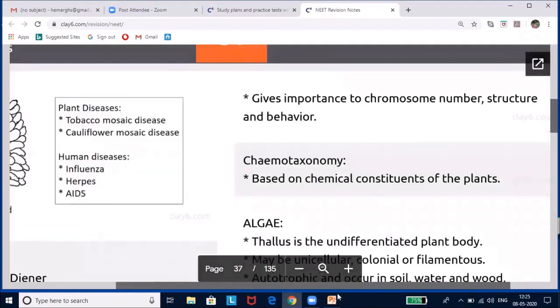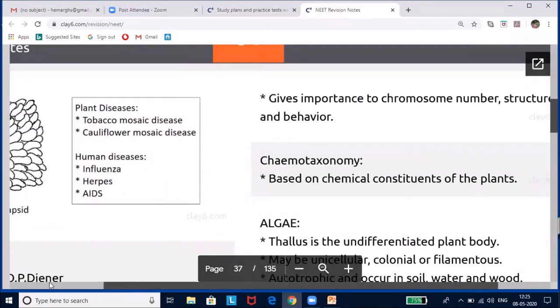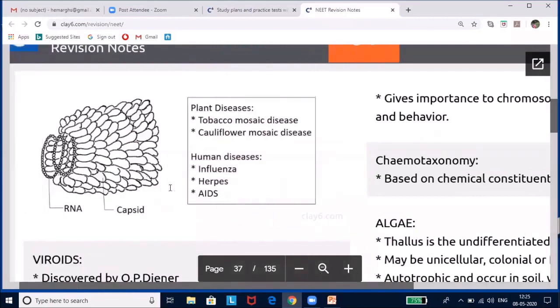Now, structure of the virus. If you look at the structure of the virus, you just see genetic material. The genetic material can be either DNA or RNA, which can be either single-stranded or double-stranded. It is covered by a protein coat; the individual units are called capsomeres, and the whole protein coat is called the capsid.